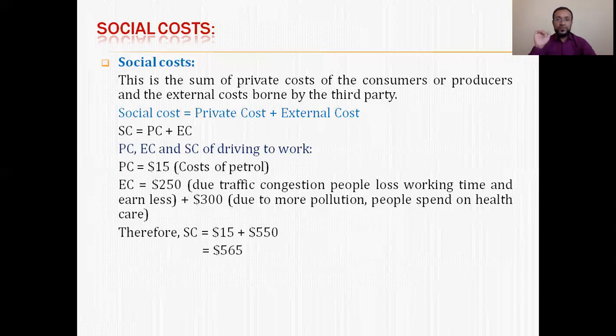So it is the government cost. So total cost to the society of using a car to work is $15 plus $550 equals $565. So this is the social cost. So this is a simple example and simple mathematical calculation to make social cost easy.